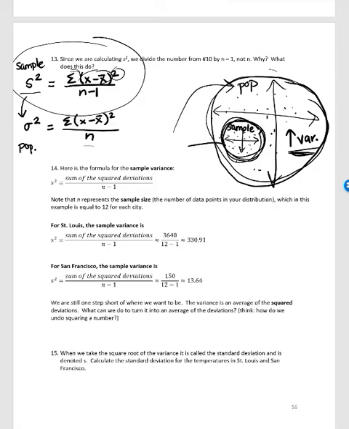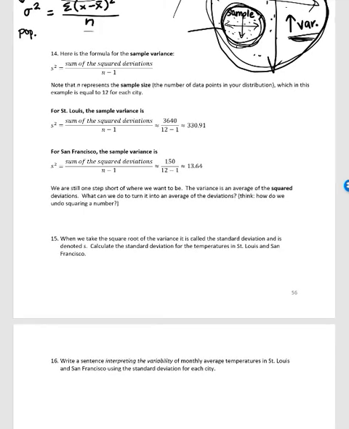So for St. Louis, the sample variance is, if we were to add up all those square deviations, like I said, it adds to 3,640. That goes on top. On bottom is 12 minus 1, which is 11. If you divide that out, we get about 331.